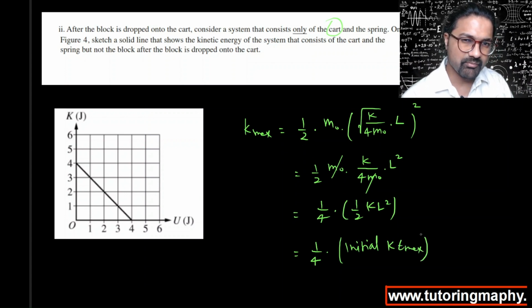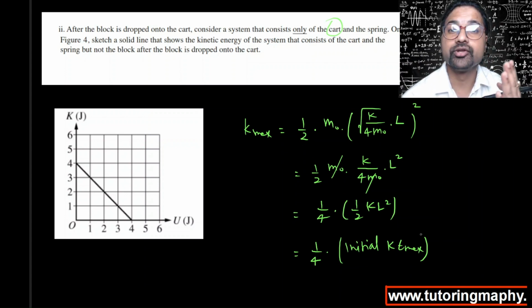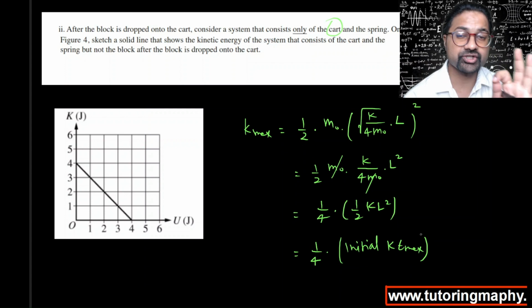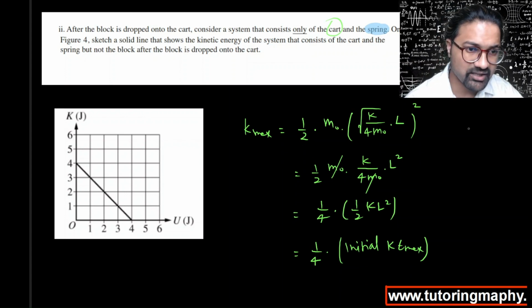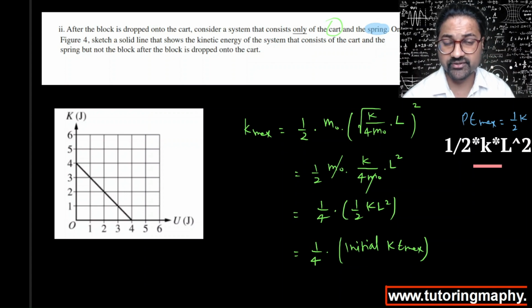And do you think the maximum potential energy will change even if we change our system to cart and spring? No, because the maximum potential is only dependent on the spring, and the spring is still a part of the system, right? So the maximum potential energy will still be 1/2 kL square, since the spring is still a part of the system.